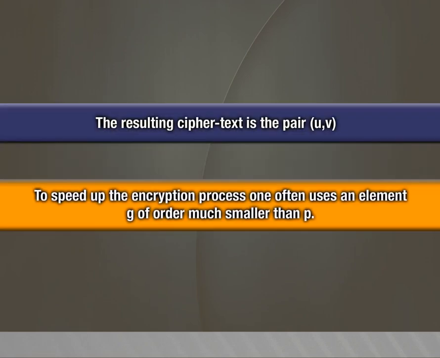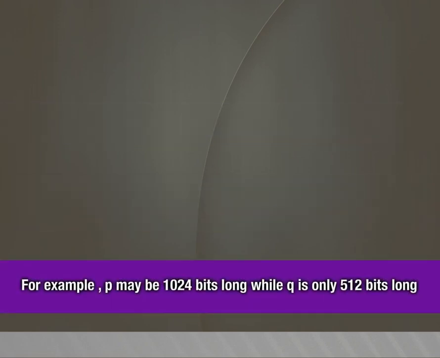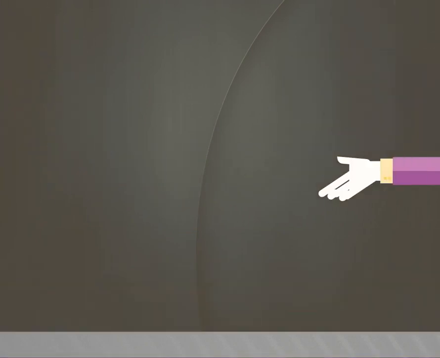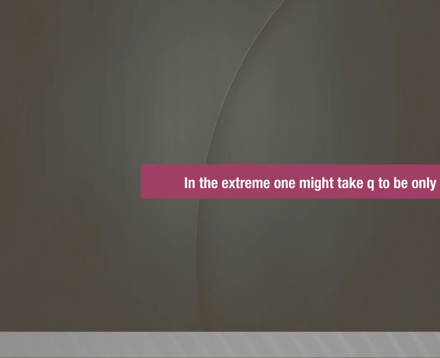To speed up the encryption process, one often uses an element G of order much smaller than p. For example, p may be 1024 bits long, while q is only 512 bits long. In the extreme, one might take q to be only 160 bits.